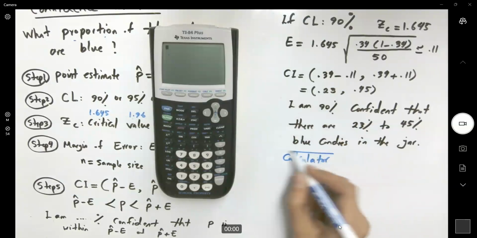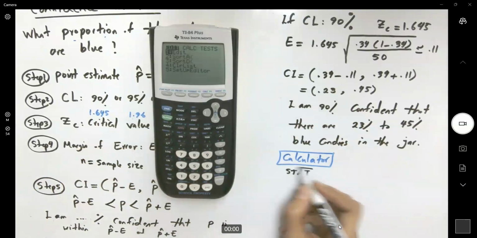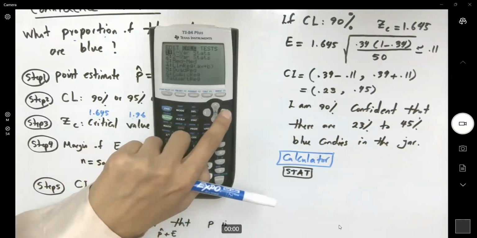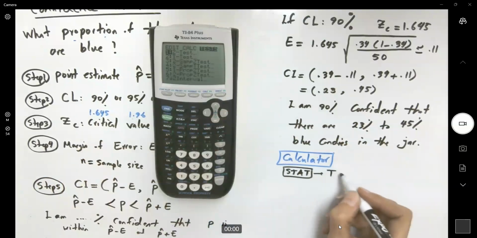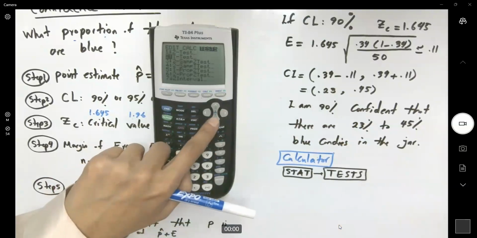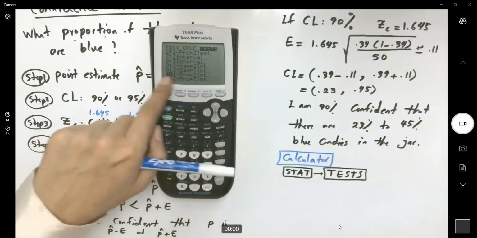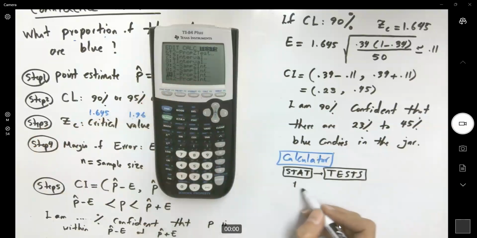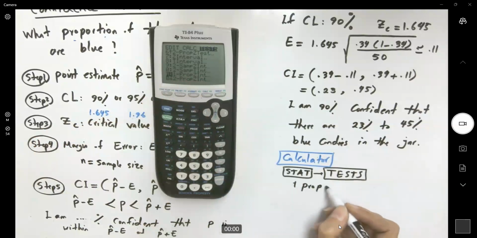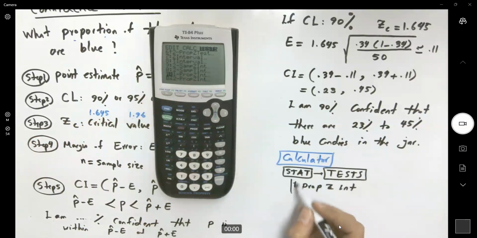First of all, go to stat, then go to tests, now you need to find one proportion Z interval.